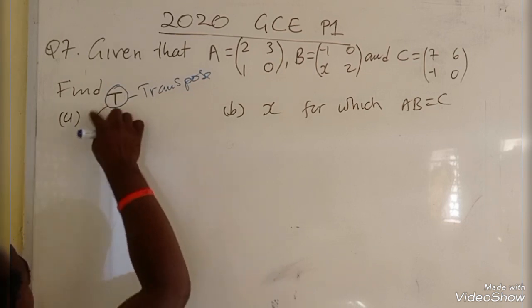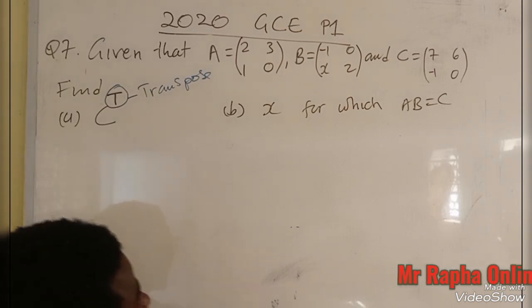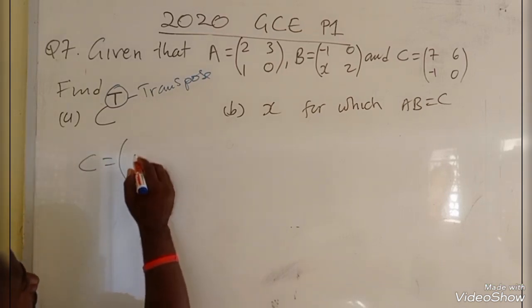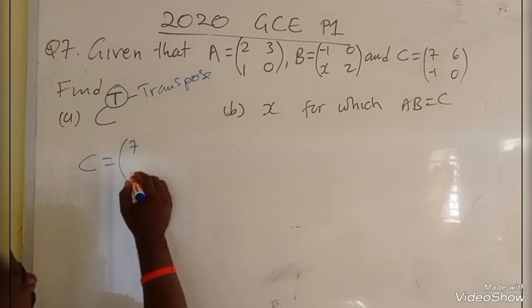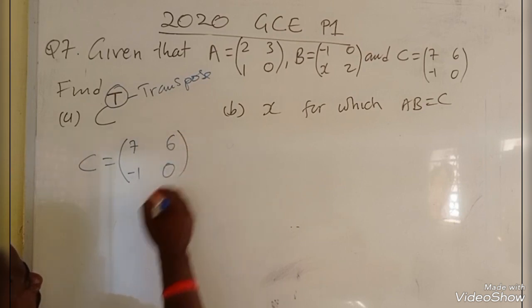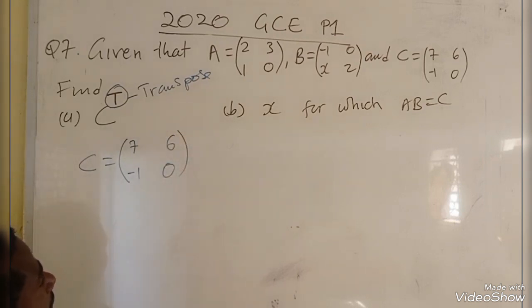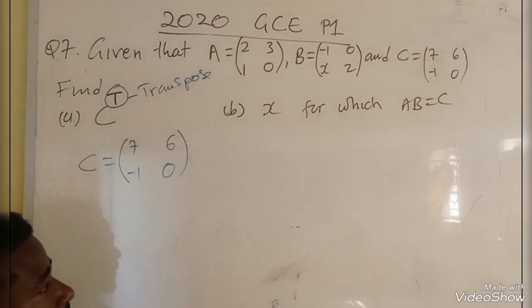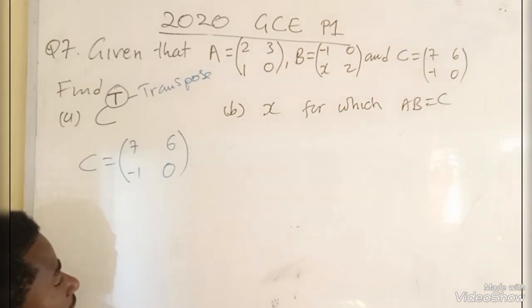We have been given the original matrix of C. The original matrix is 7, -1, 6, 0. How do we obtain the transpose of a matrix?